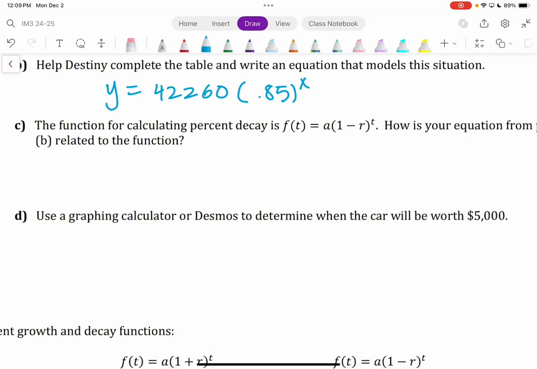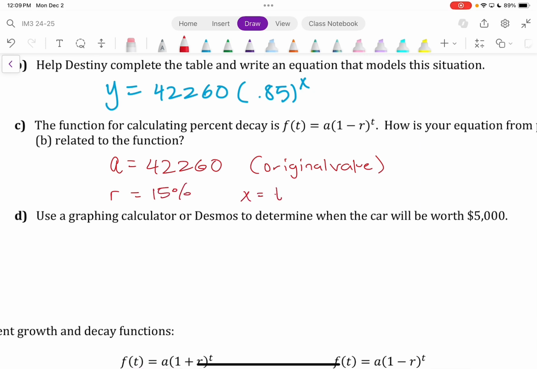How is your equation related? Well, we know that the a is 42,260. This is the original value of the car. The r is the depreciation, or the rate by which we're depreciating, which in this case was the 15%. And then x is time.